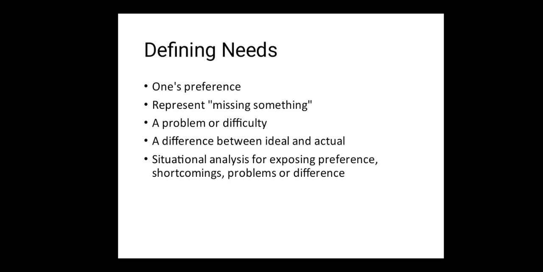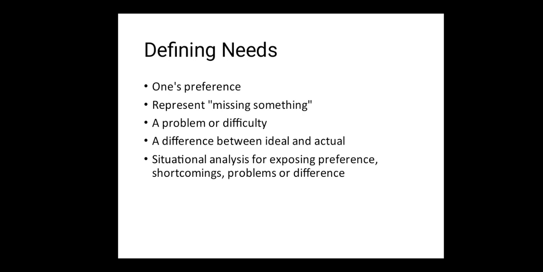Then another version: there is a reality as well as an optimum or an ideal condition. So the difference between an ideal condition and the real condition also can be defined as needs.